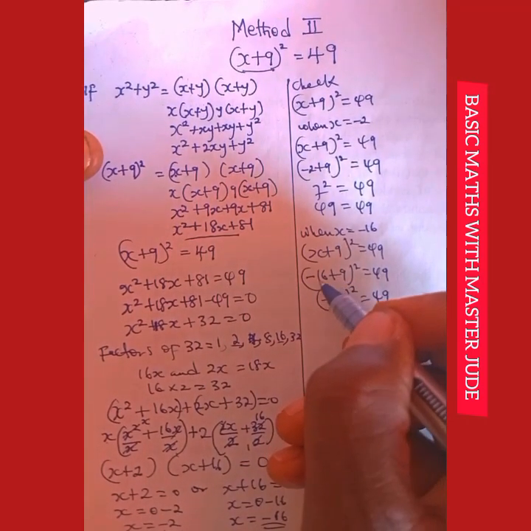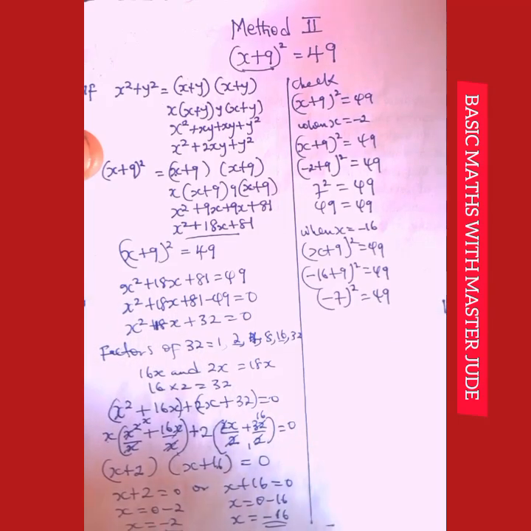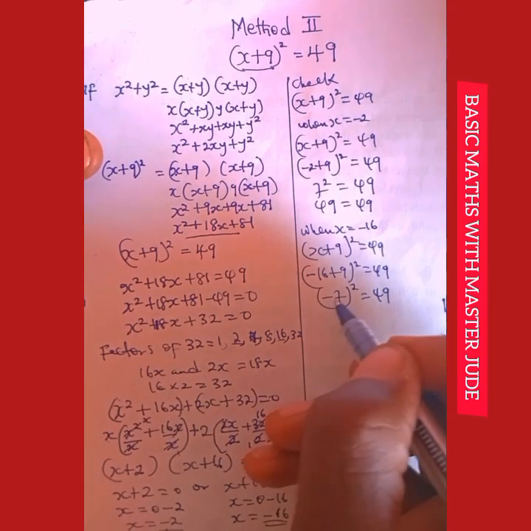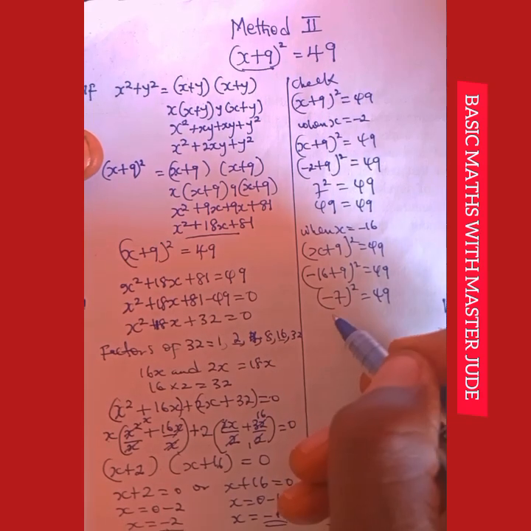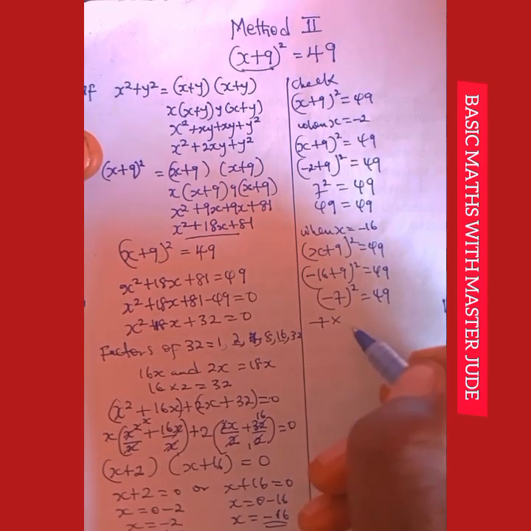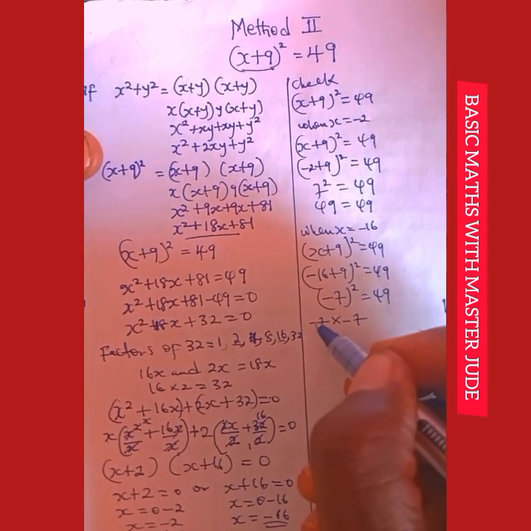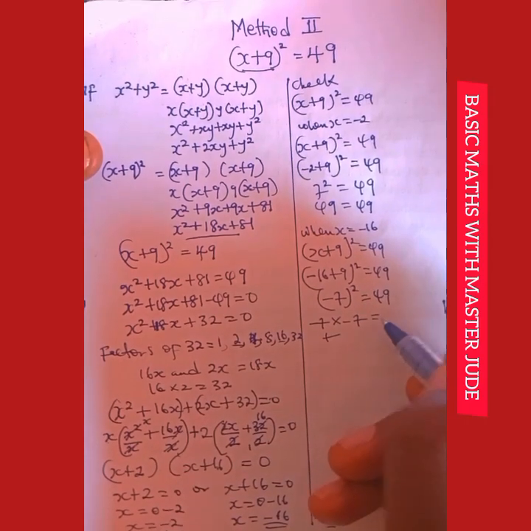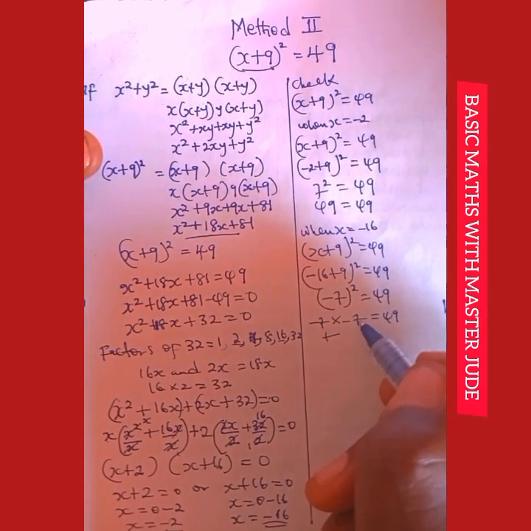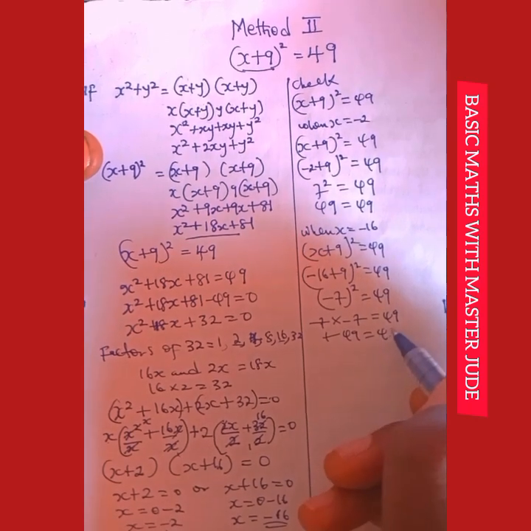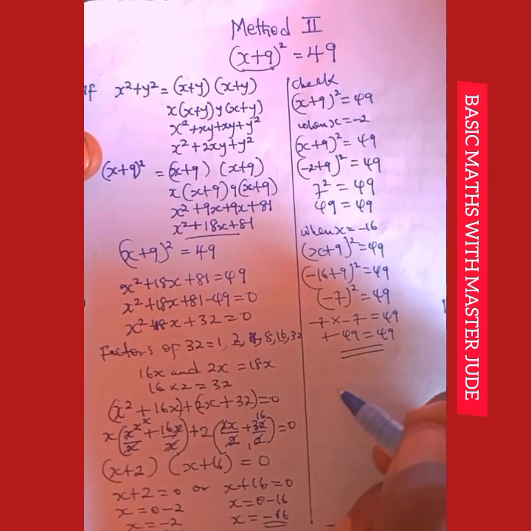I have 9, I'm owing 16. If I give the 9, I'm still owing 7, and if I'm owing, I indicate with a negative sign. Then (-7)² means minus 7 multiplied by minus 7. Minus times minus is plus, so it is 49. 7 times 7 is 49, equal to 49. So our answer is correct.